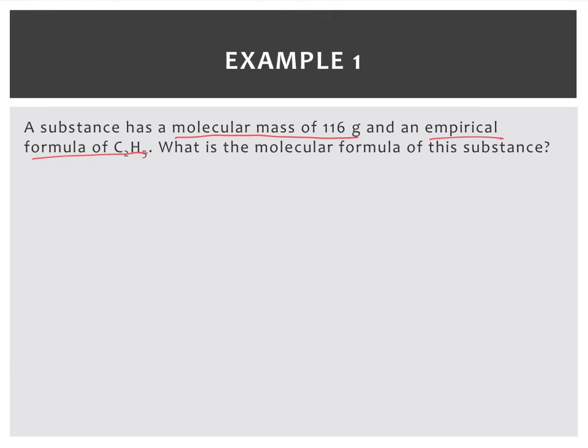We need to figure out what is the gram formula mass of that. So let's start. Okay. Over here we get 24 grams. This is 5 grams. So our empirical formula mass is going to be 29 grams per mole. Okay. So we're going to compare it here.